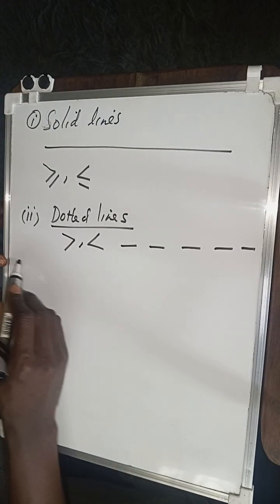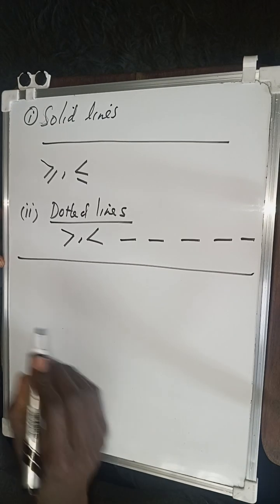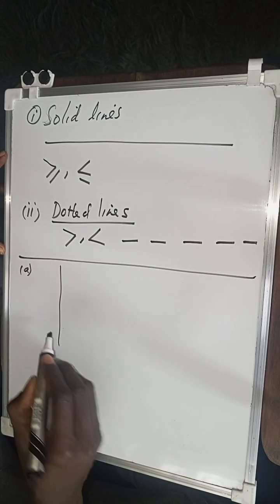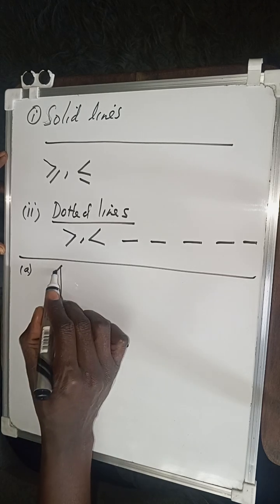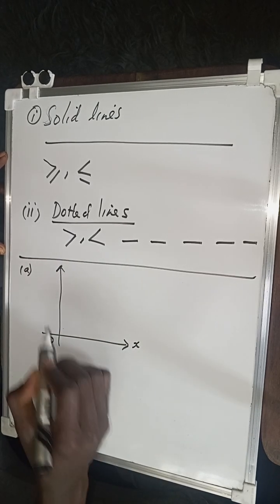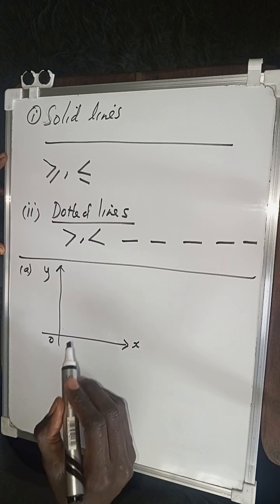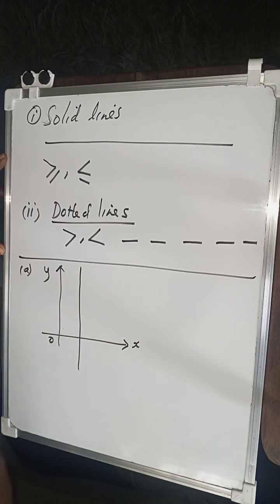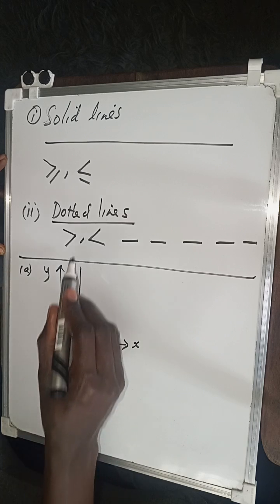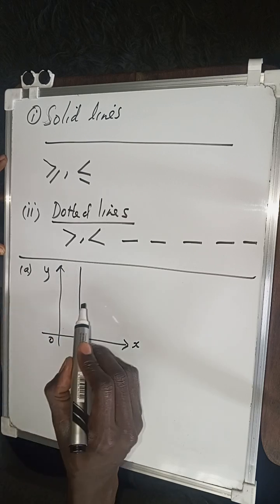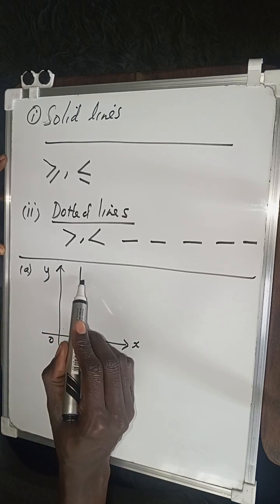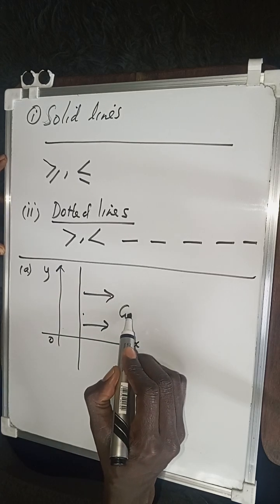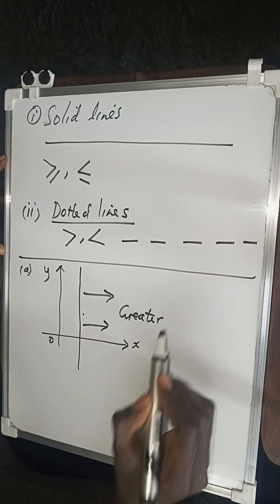Now, a quick fact again that you need to remember: if you have your x or y plane, and you find that you have a line that is parallel to the y-axis, well, going this side of the line, we consider it to be greater than.